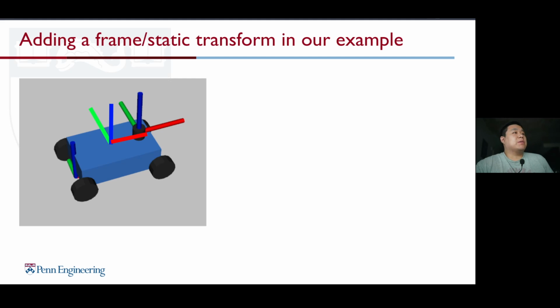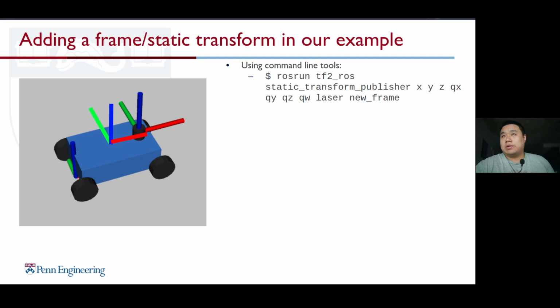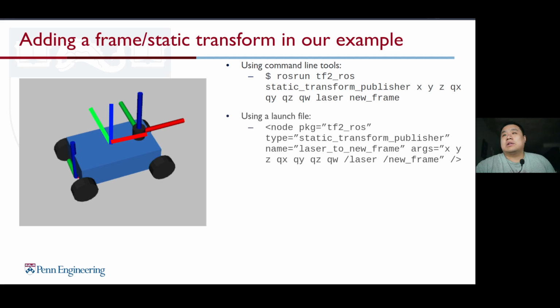So for example, let's say we want to add a frame or a static transform in our simulation vehicle. Using command line tools, you can just run the static transform publisher and create a static transform with your given rotation and translation between the laser frame and your new frame. Another way is to use a launch file to include the static transform publisher node and then give it the corresponding arguments.